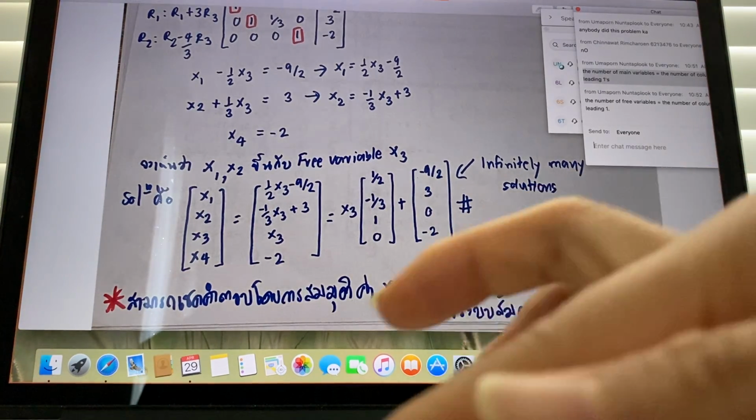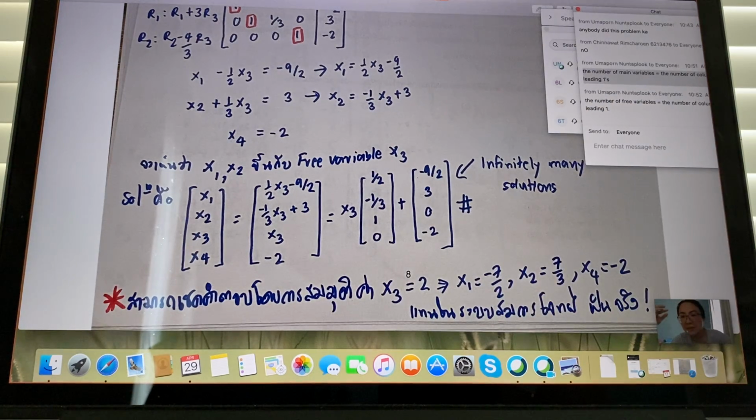Okay, let's get some more idea about this. I have to focus on row echelon form and reduced row echelon form before I move on to the next topic, which is going to be vector space.